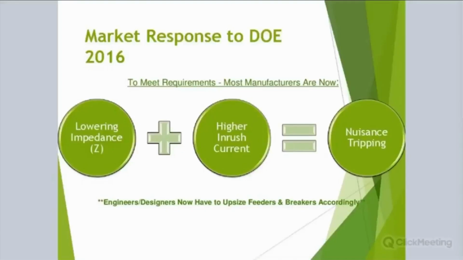Between the high inrush and the low impedance, by playing with those designs, you can get a product that meets DOE. And it's a very easy, inexpensive way to meet the DOE requirements. The problem is that what it equals is typically nuisance tripping on your transformer, meaning the circuit breaker that's supplying the power to the transformer will see one of these issues, primarily high inrush current.